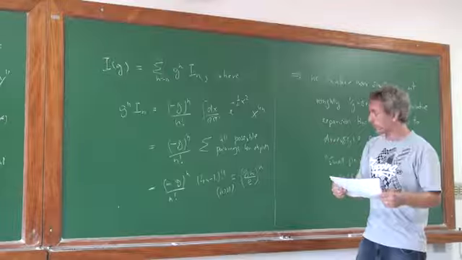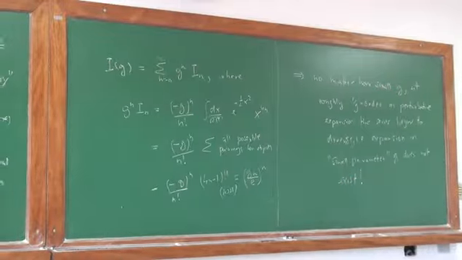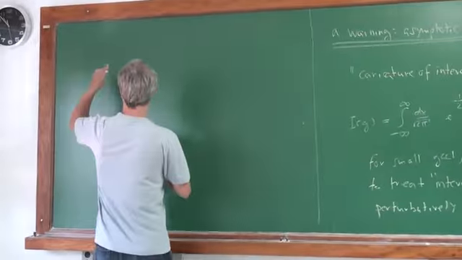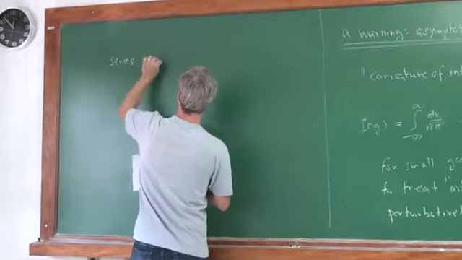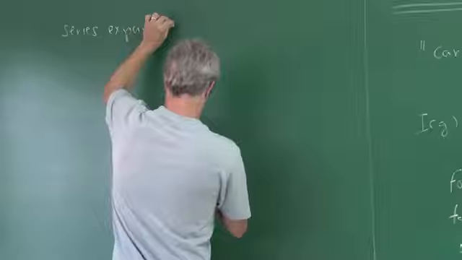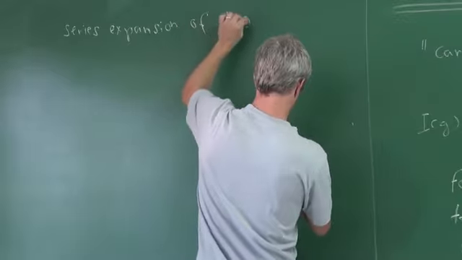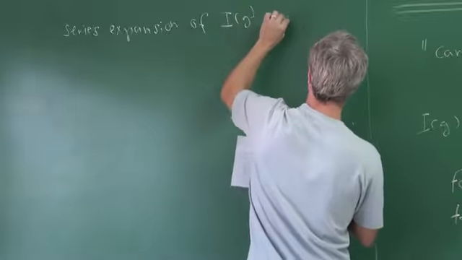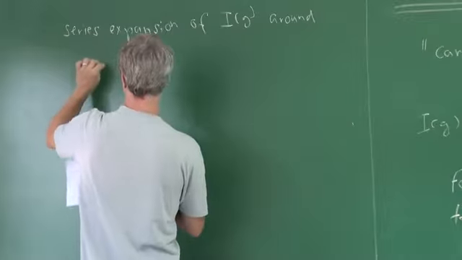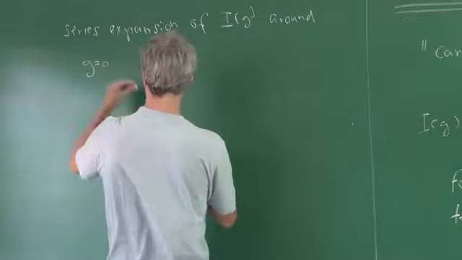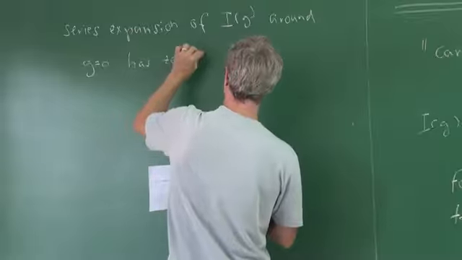Now you can, okay, maybe I just write it down. Series expansion of this integral around, let's say, the non-interacting expansion point has 0 radius of convergence.